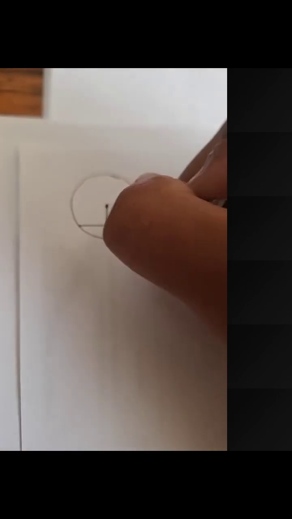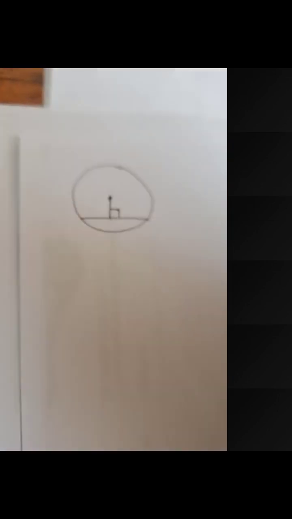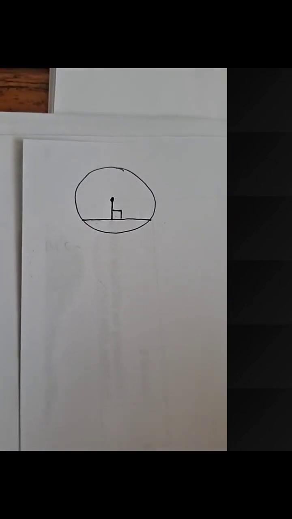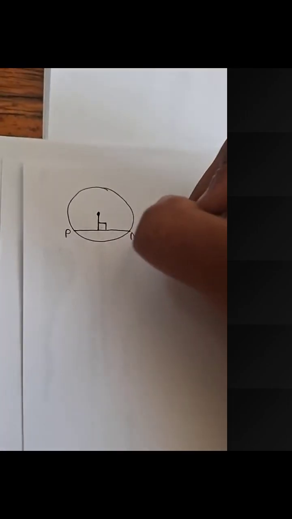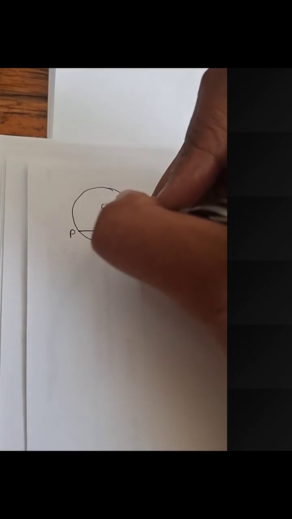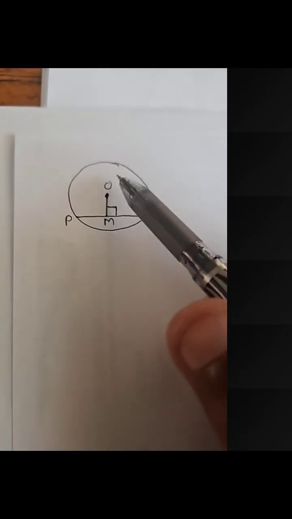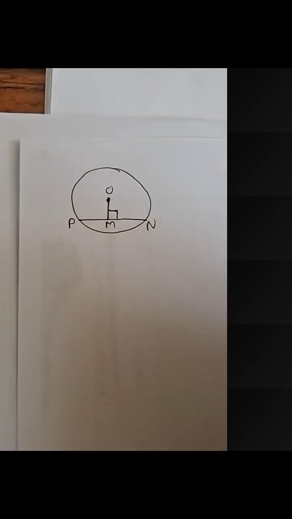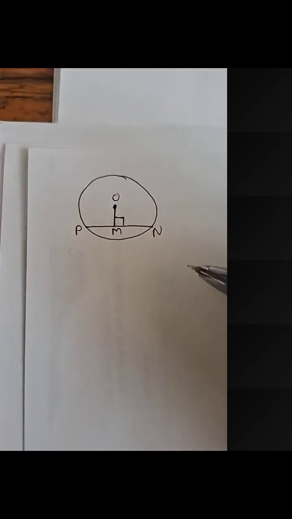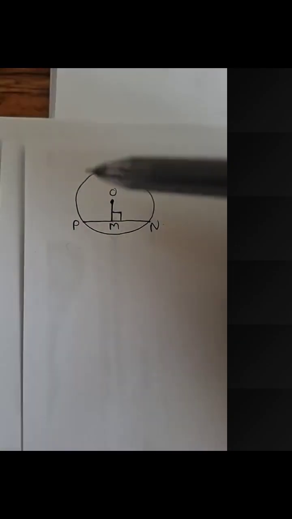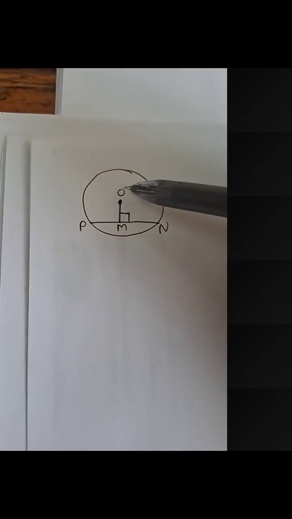It said a line from the center perpendicular to the chord. So if you see this, and let's just take different letters today, what can you conclude from this diagram? This is what you are given. When I look at this diagram, I can read what I see in this diagram.